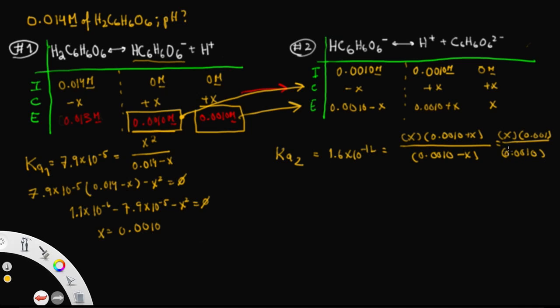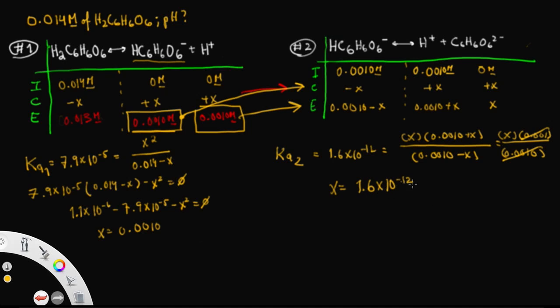And what we can do here is we can simplify it. We can do 0.0010 to cancel out these two values, and we can get our x value to be equal to 1.6 times 10 to the negative 12th.